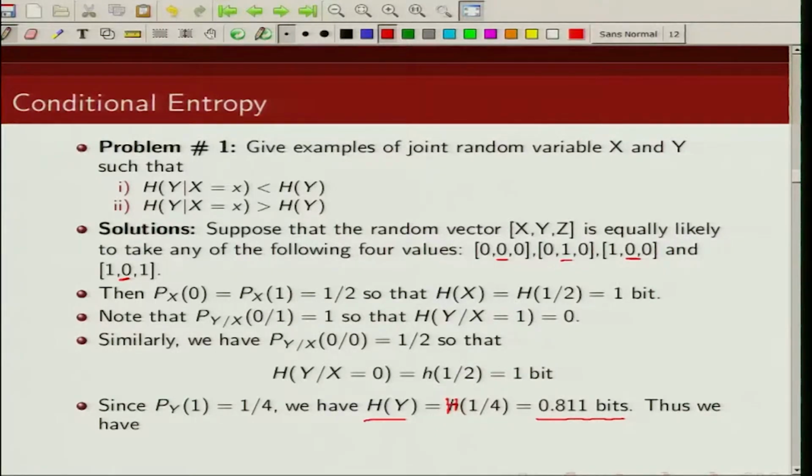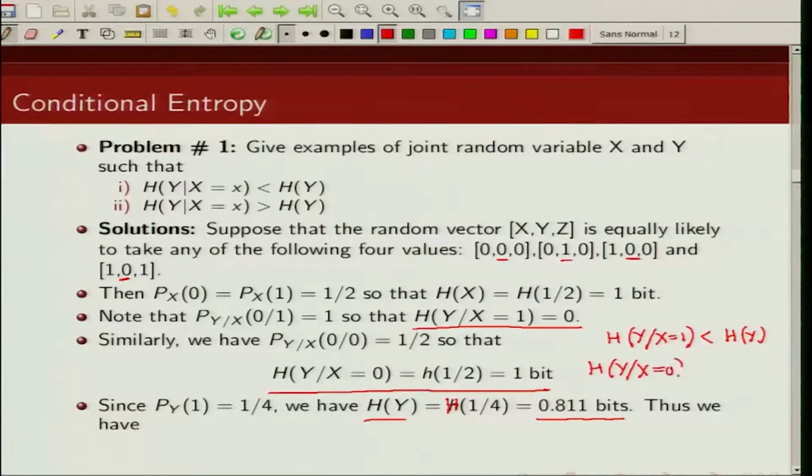So you can see in this particular example h of y is 0.811 bits. Now given x equal to 1, the uncertainty in y given x equal to 1 is 0. So h of y given x equal to 1 is less than h of y. Correct? And h of y given x equal to 0 is 1, which is greater than h of y.